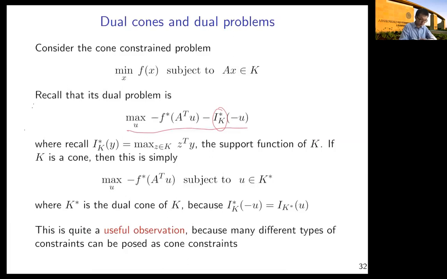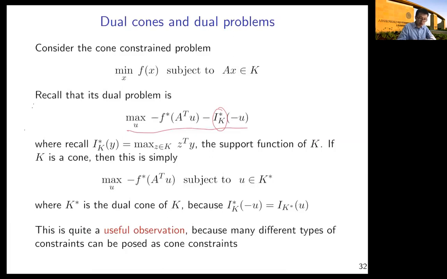In fact, when K is a cone, this is simply again a constraint that u is in K star, where K star is the dual cone of K.